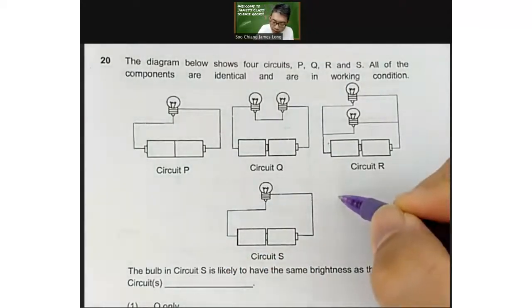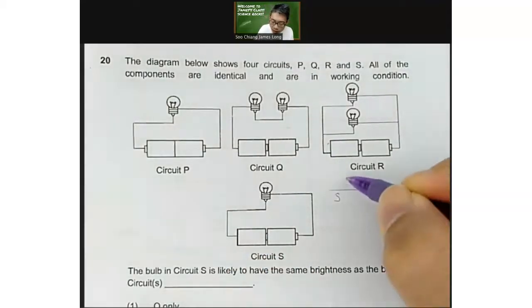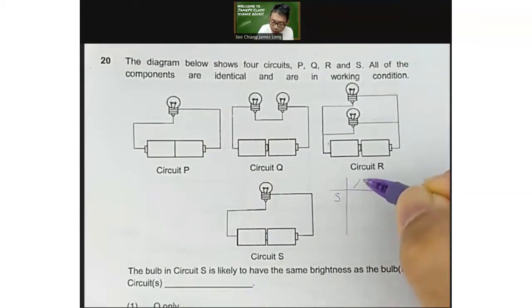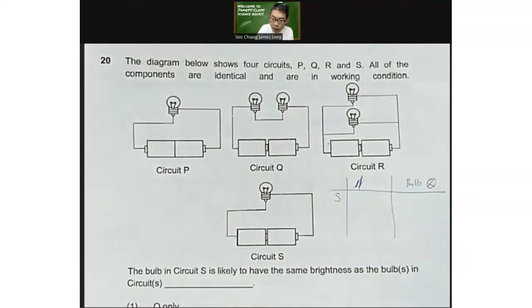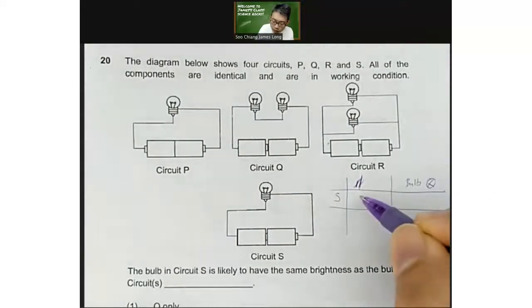So circuit S, just to do comparison, battery and then bulb. My electrical symbol. So here I have 2 batteries, and there's only one bulb.